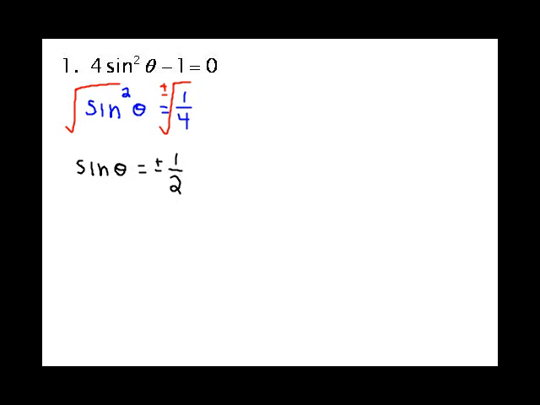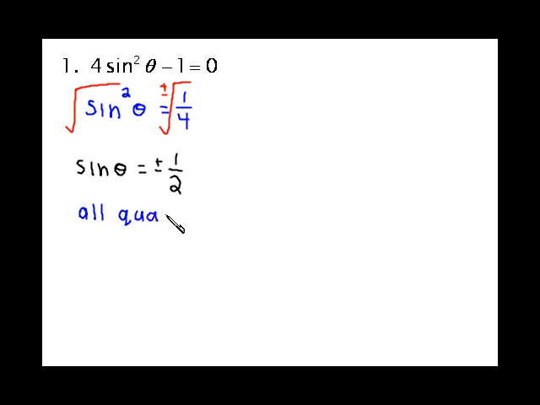Now when you're looking for angles, you can always use your calculator. That is, you can go second function sine in either degree or rad mode and get your answer. But because this is a recognizable ratio, you've seen this one before, you shouldn't need to use your calculator. Should also be aware that because it's plus and minus, we're going to be in all 4 quadrants.